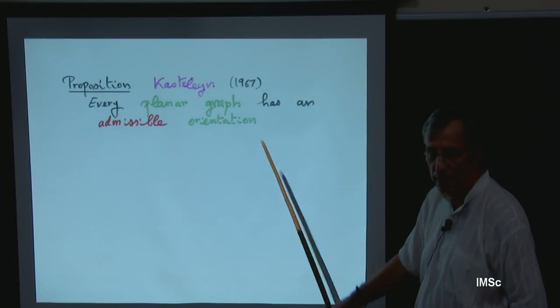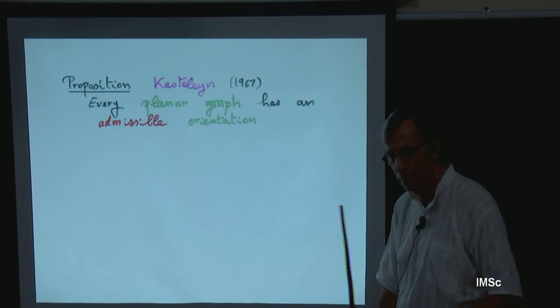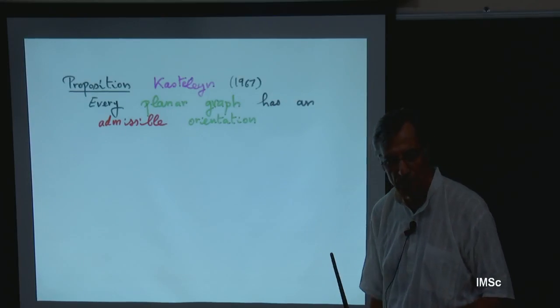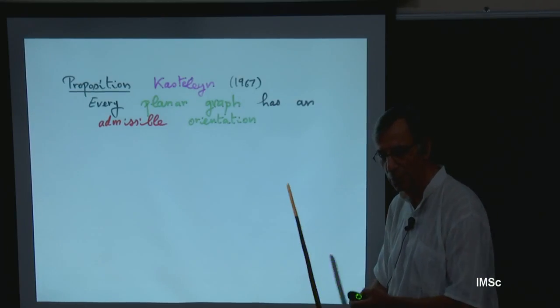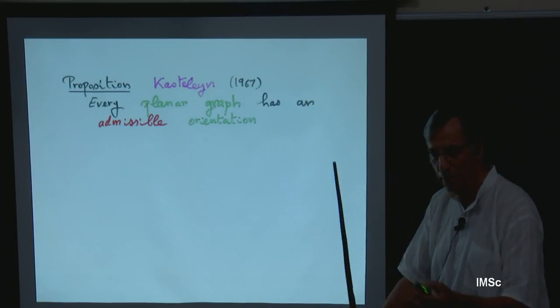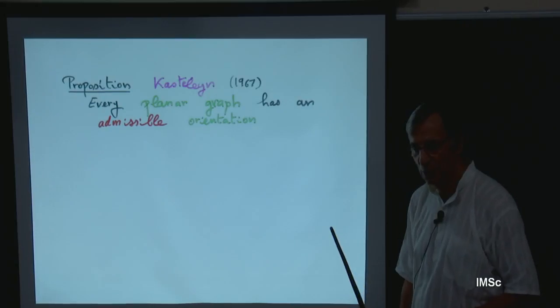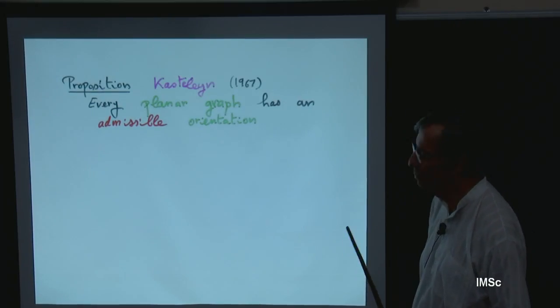So this was the way they counted perfect matchings of certain graphs, which are equivalent to solving the Ising model, to get the partition function of the Ising model by counting some Pfaffian, putting an admissible orientation, then getting a Pfaffian, then a determinant, and so you can make the explicit computation.